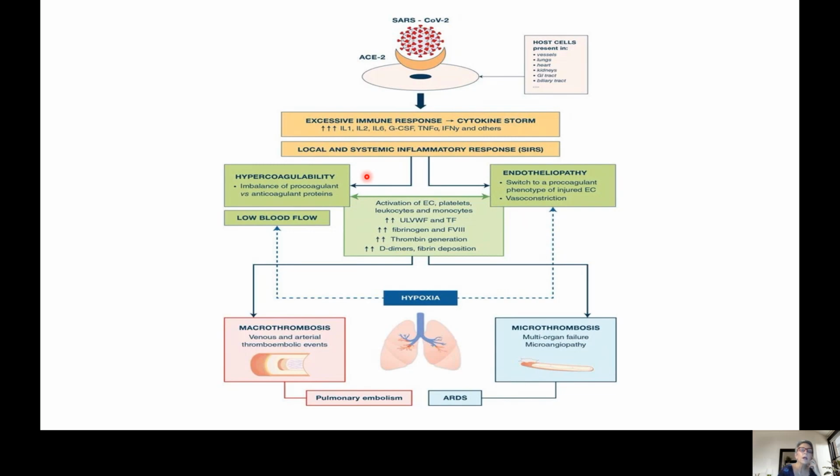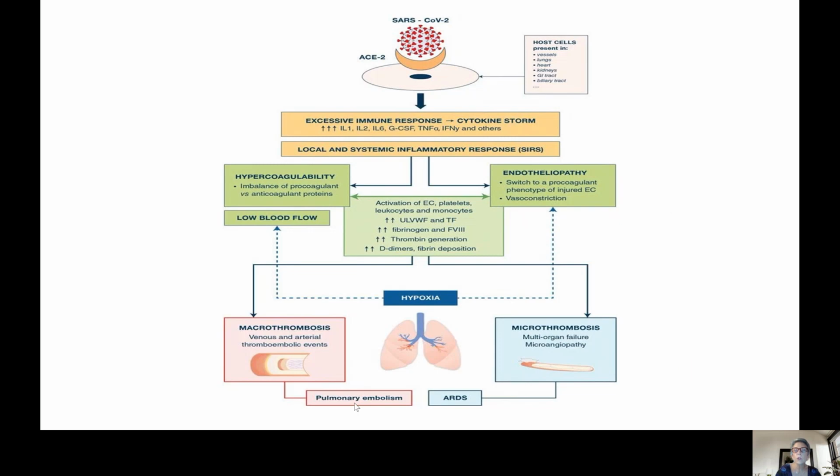You start having a decrease in blood flow, hypoxia, all of those things start falling in together, and pulmonary emboli and acute respiratory distress syndrome all start happening as a result, not solely of injury directly to the lungs themselves, but throughout the whole body, based on this endotheliopathy and hypercoagulability as a result of hyperstimulation or hyperresponse of the immune system.